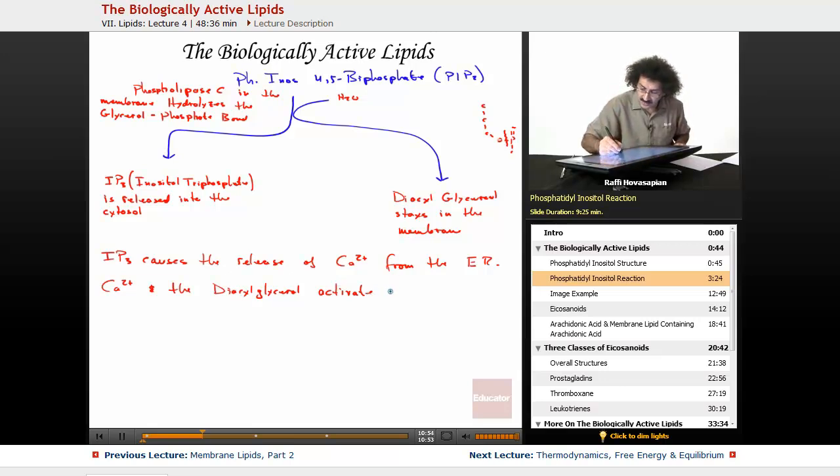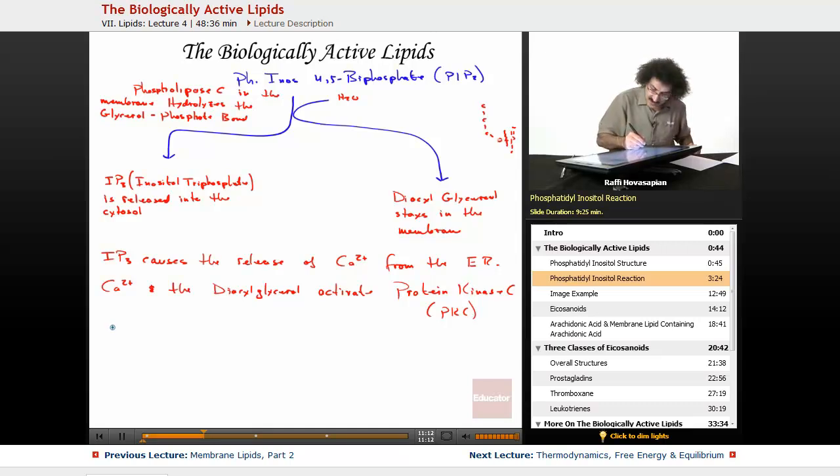They activate an enzyme. We'll just give the name here, protein kinase C, and we just call that PKC, very, very important enzyme.